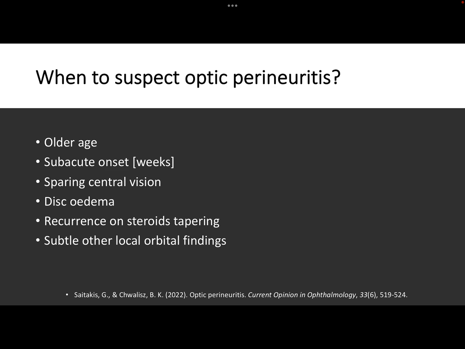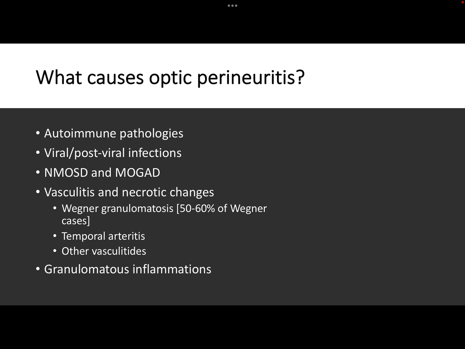Your patient initially may respond to steroids, but once you stop your pulse steroids, these patients tend to relapse. And there are other subtle local orbital findings, such as subtle cranial nerve involvement and subtle muscle involvement, that can also be found if your patient has optic perineuritis.